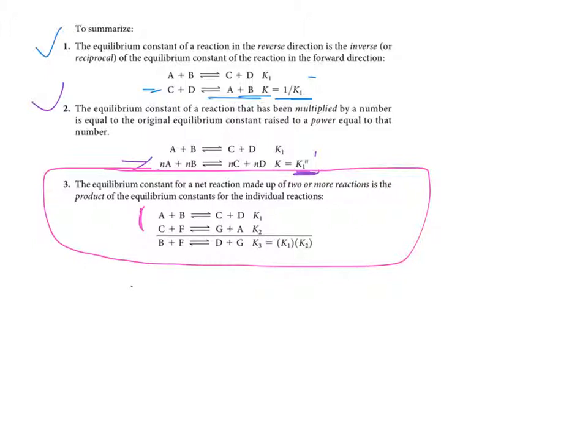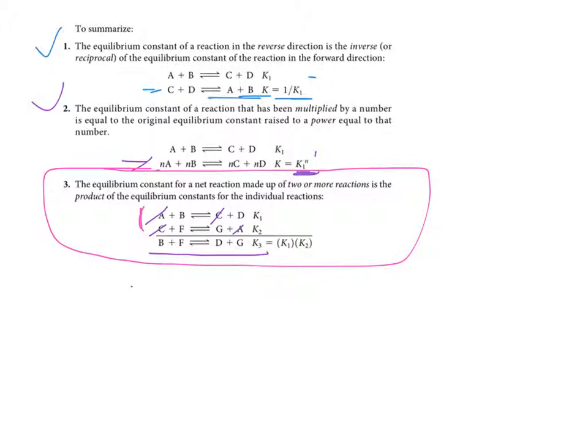If I add them, C's cancel, and what else cancels? The A's cancel, and this is my net reaction, B plus F going to D plus G. So I've added these reactions, canceled everything.